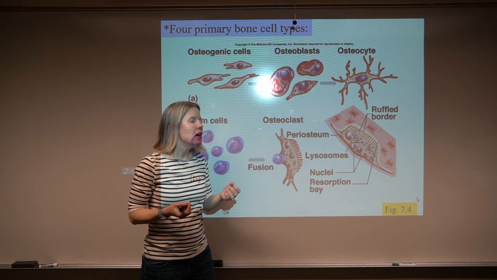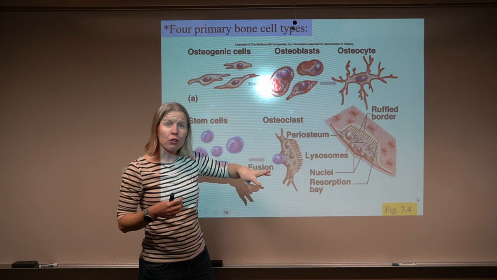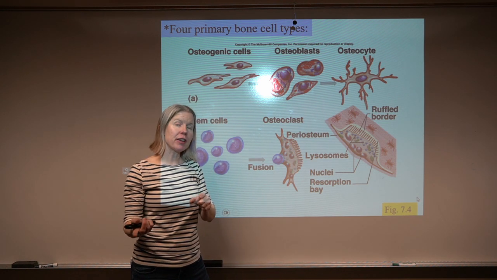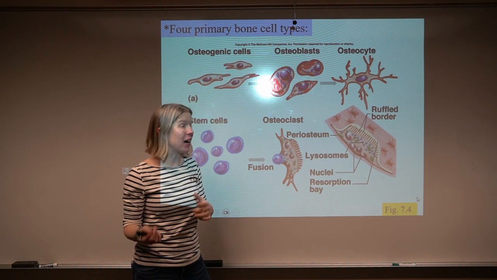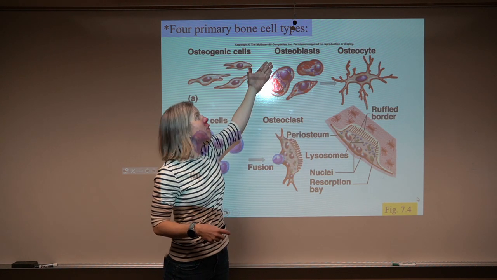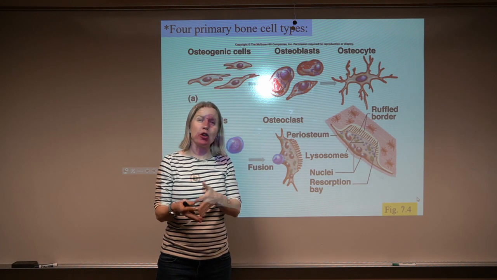Chompers, right? These osteoclasts break down bone for important reasons, right? It allows them to release that calcium and phosphate that might be needed by other systems in the body. And it also releases that calcium and phosphate for osteoblasts that are still active to use to create new bone.